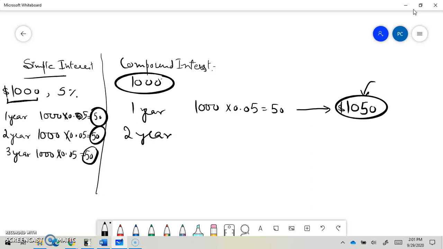That means interest will also be applied on the extra $50 you earned last year. So the interest will be on 1050, that means 1050 times 0.05 for that year, and you can calculate that interest and add it to your last year's value, right?